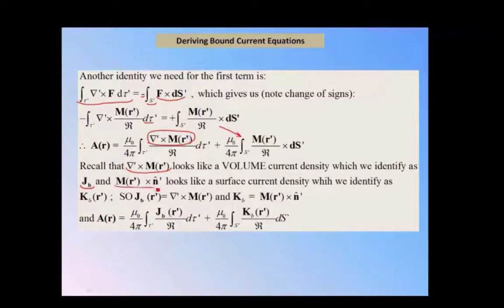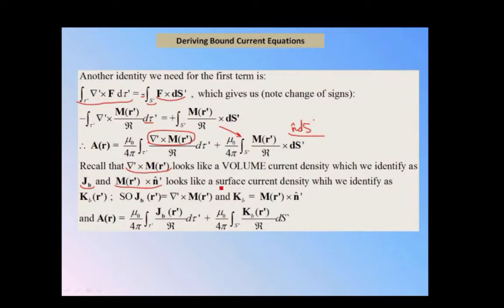The term that looks like this, and the reason we have n̂′, is that this quantity here could be represented by n̂ times the scalar ds′, so the magnitude of that differential. So all we've done is introduce this to get this factor here, which is the magnetization crossed into the unit vector normal to the surface.